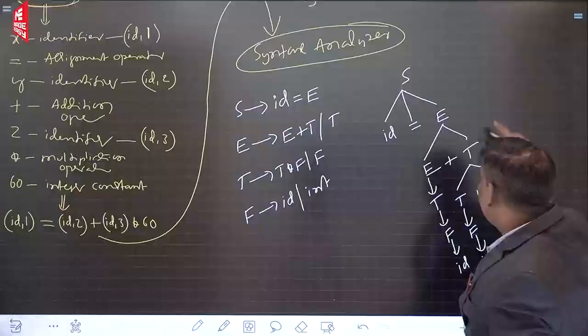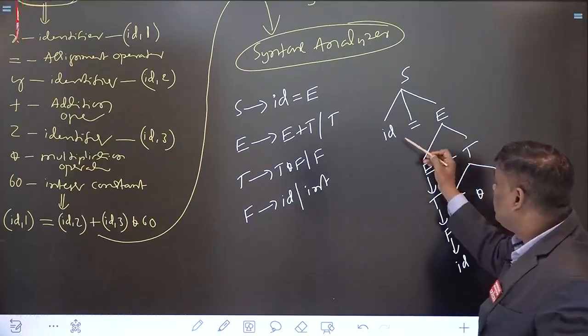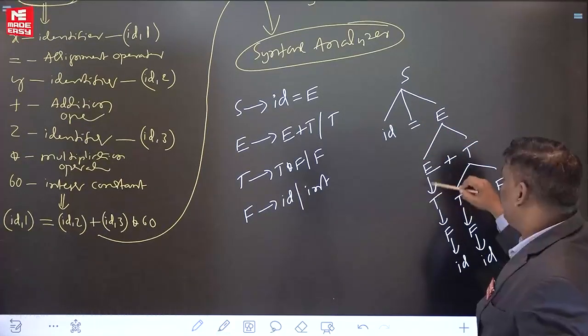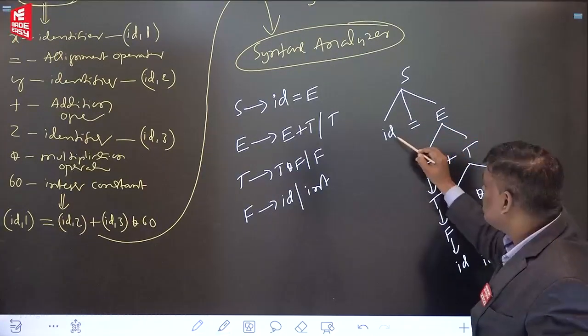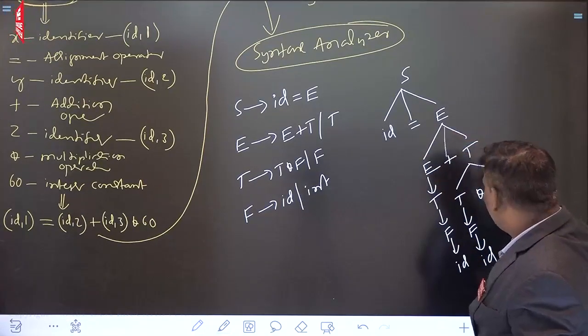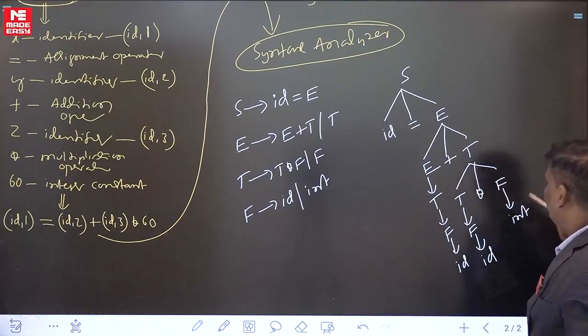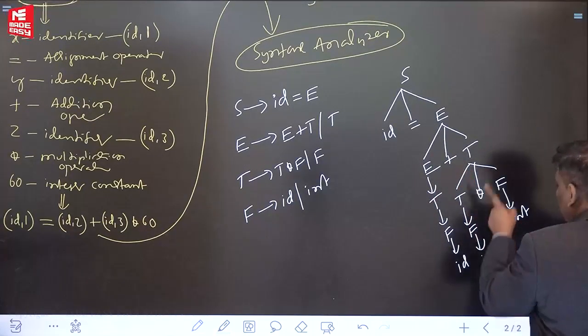Let me check. In this tree, read all leaf nodes from left to right. What is the answer? id equals id plus id star int.